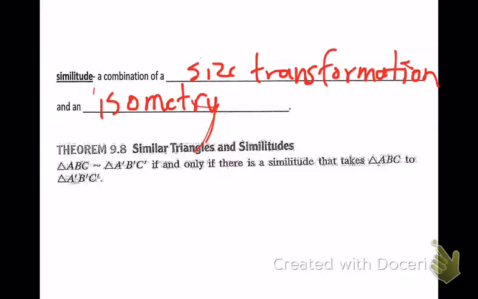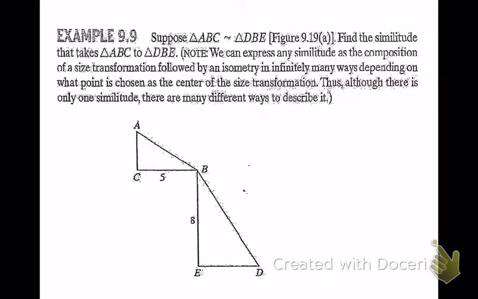Let's look at an example of a similitude. So, in this example 9-9, suppose triangle ABC is similar to triangle DBE. Find the similitude that takes ABC to DBE.